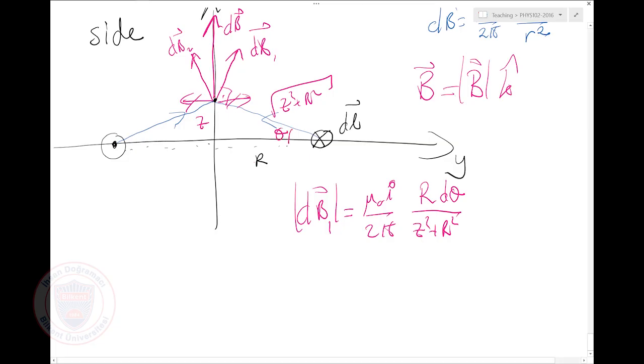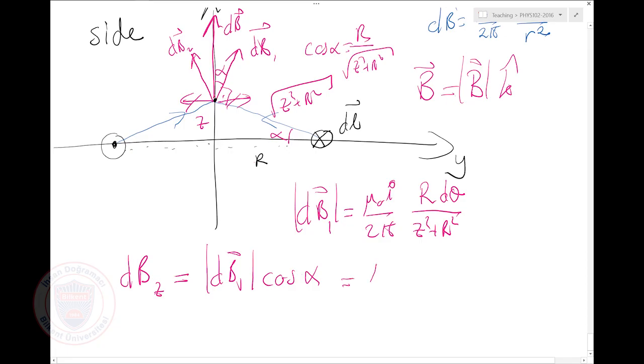If the angle here is theta, the angle here is also theta, so dBz is going to be dB1 magnitude times cosine theta. Or let's call it another angle. I have already called something theta. Let's call it alpha. But cosine alpha is clearly R divided by square root of Z square plus R square.